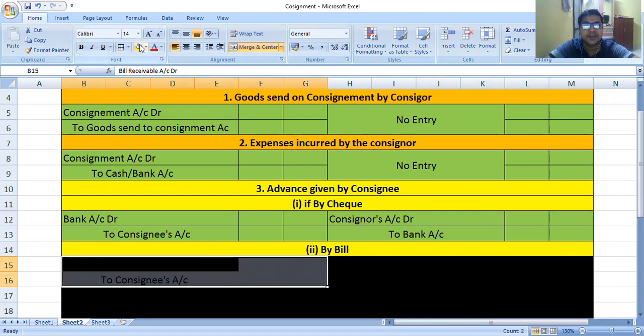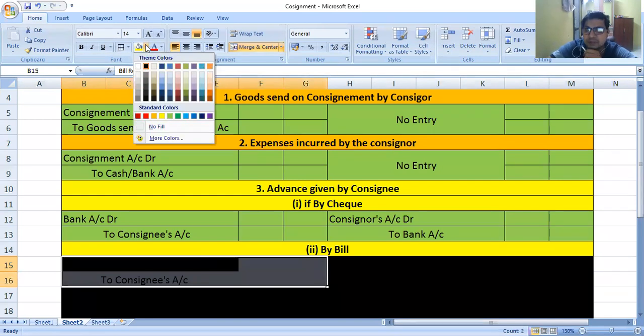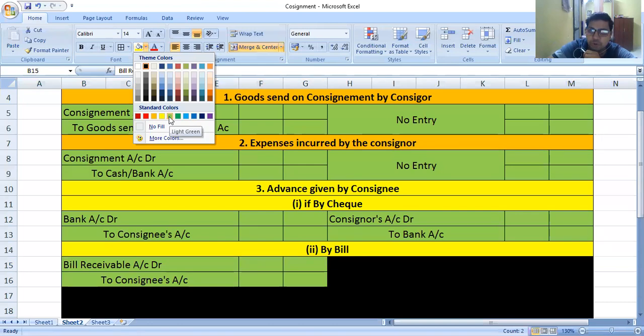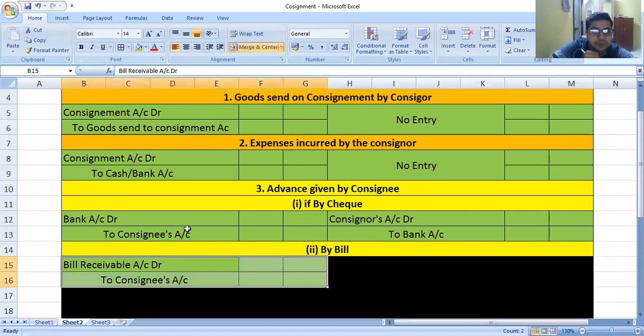What kind of entry do we have to pass in the books of drawer? Whenever the bill is drawn, the bill is accepted by consignee. In the books of consignor, the entry will be bills receivable account debit to consignee's account.